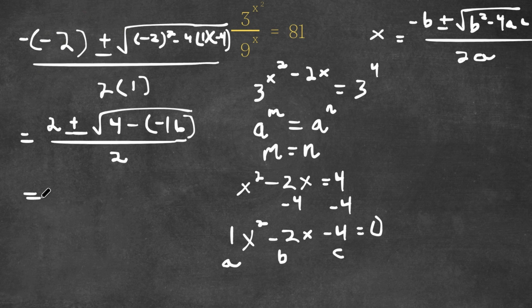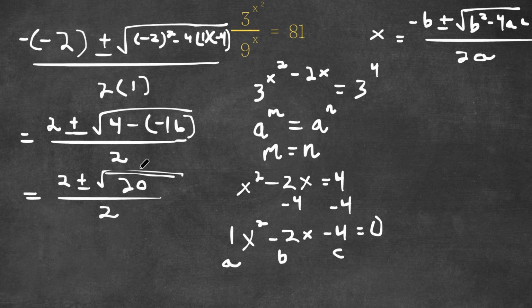And now this is equal to 2 plus or minus the square root of 4 minus negative 16, which is the same thing as 4 plus 16, because remember, again, negative of negative is a positive. So 4 plus 16 is 20. And we have 20 divided by 2.